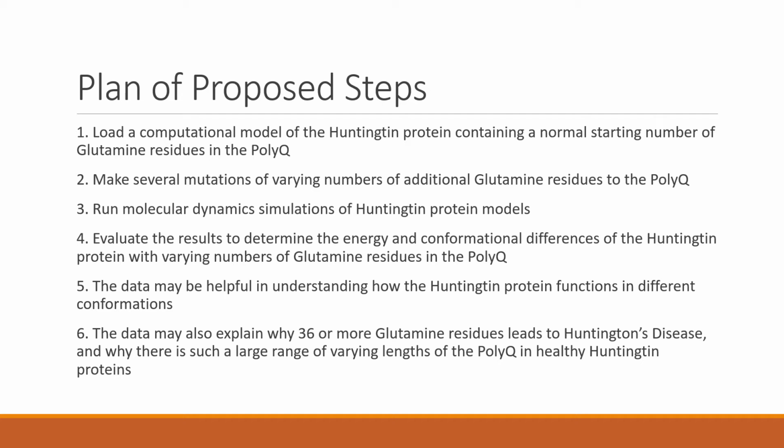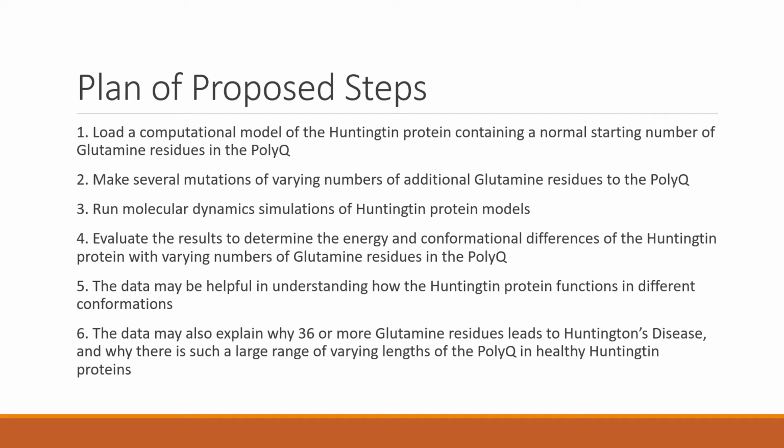And then the data may be helpful in understanding how the Huntingtin protein functions in different conformations, and the data may also explain why 36 or more glutamine residues leads to Huntington's disease, and why there is such a large range of varying lengths of the PolyQ, from 9 to 35 glutamine residues, that are okay, and how those actually interact with the other proteins, even in normal conditions.